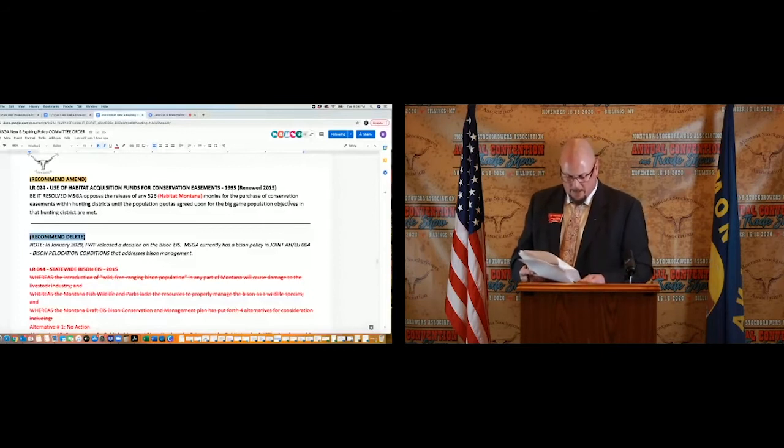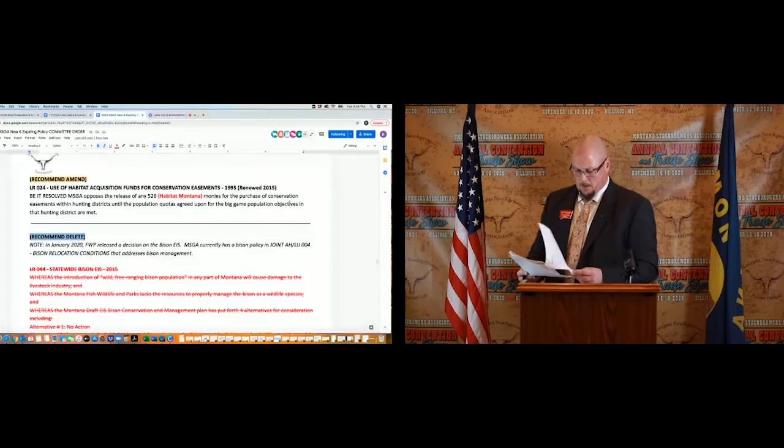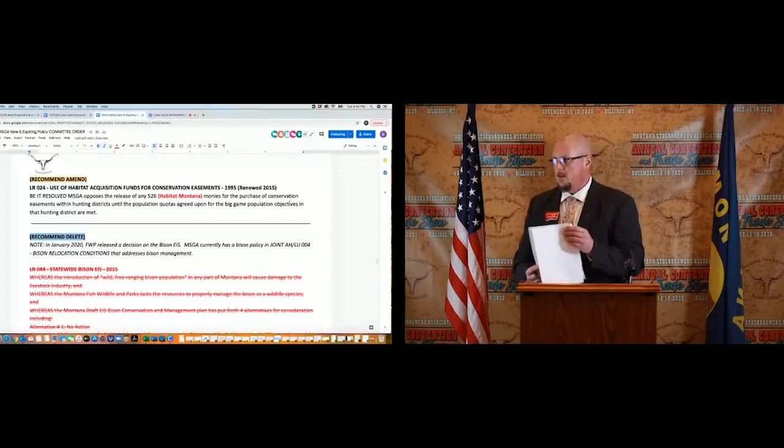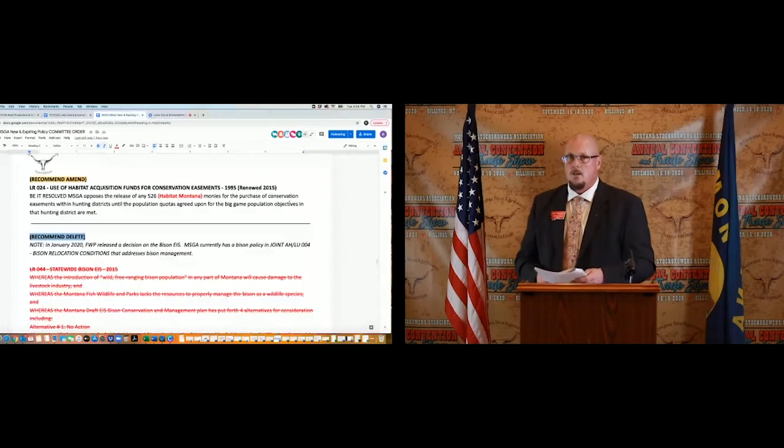Voting on recommended amendment of LR 024, use of habitat acquisition funds for conservation easements. Votes are coming in.